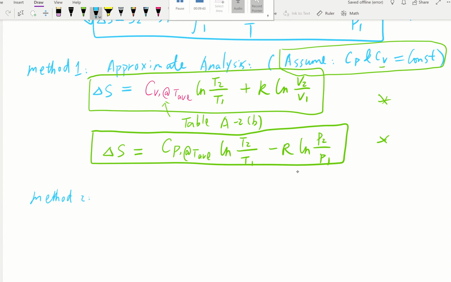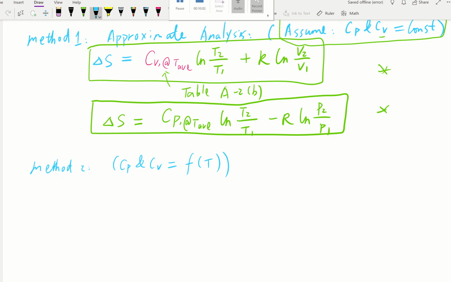Method number 2 is exactly the opposite. We're going to assume this Cp and Cv are indeed functions of temperature. So we cannot really take them out of the integral anymore. But because of this, we actually introduce another parameter.